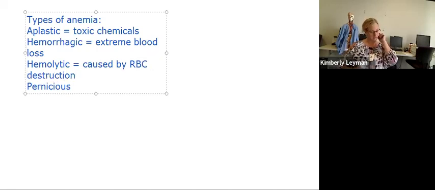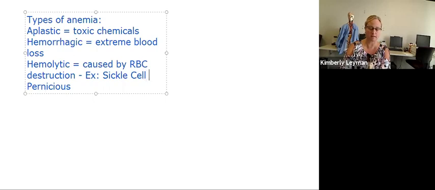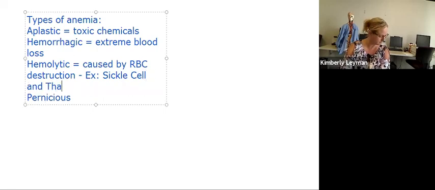Okay, hemolytic. Now, there are a couple different types of hemolytic anemias that they talk about in your book. So a couple examples of these would be sickle cell and thalassemia. What is sickle cell anemia?